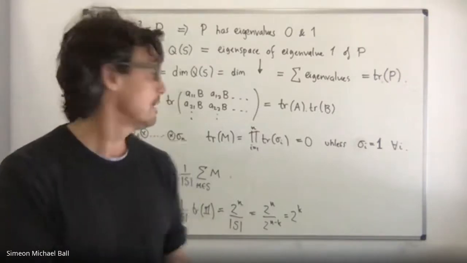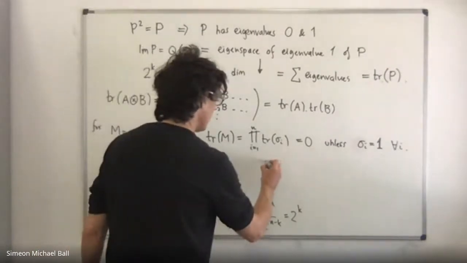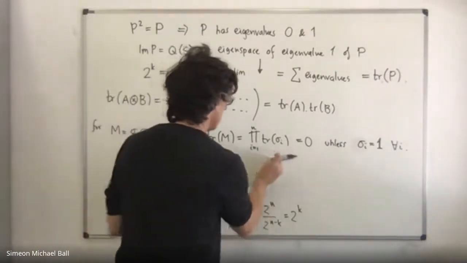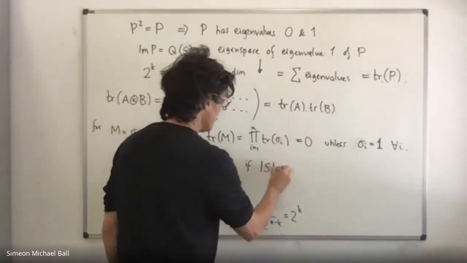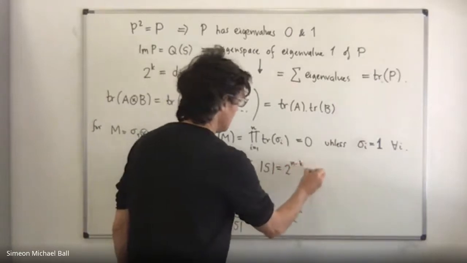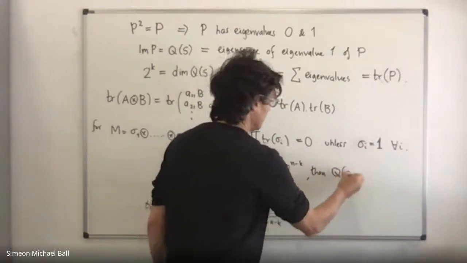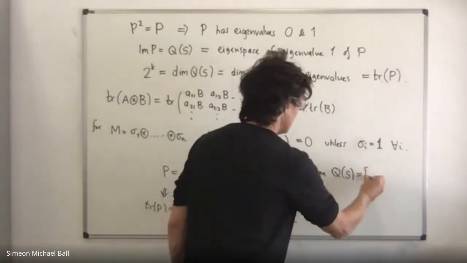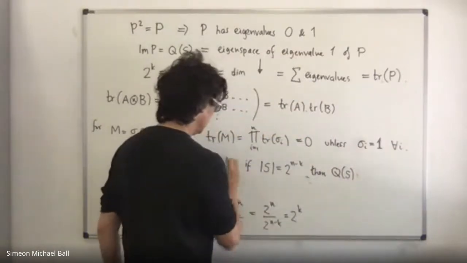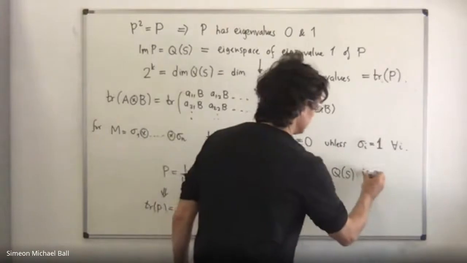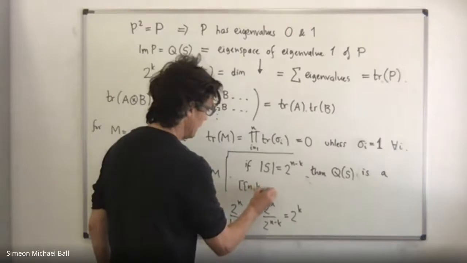So we normally write, for S of size 2 to the n minus k, Q of S is an [[n, k, d]] code.